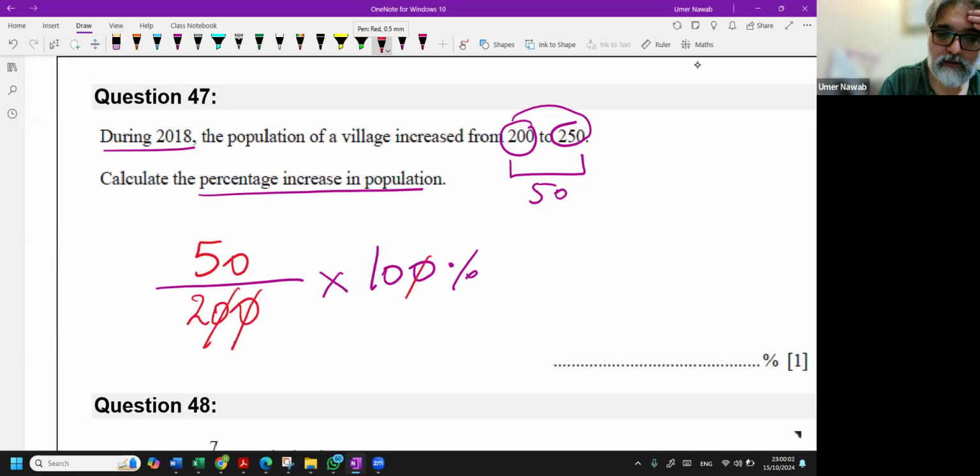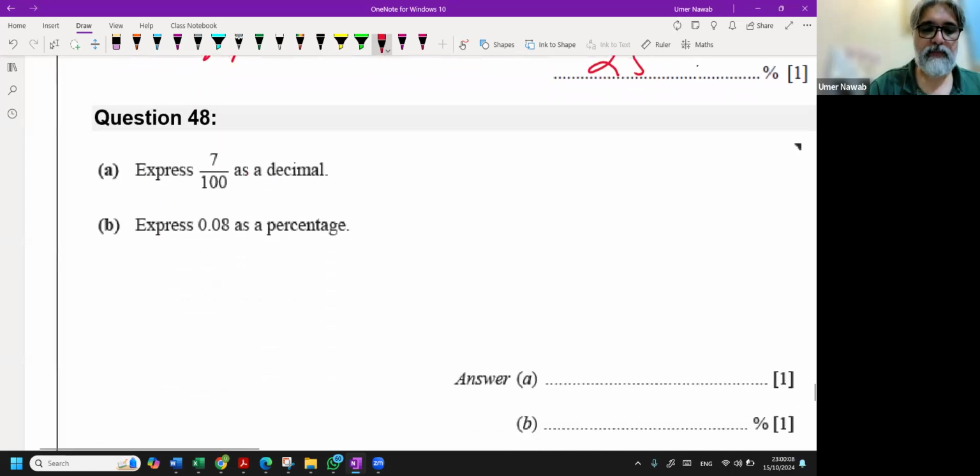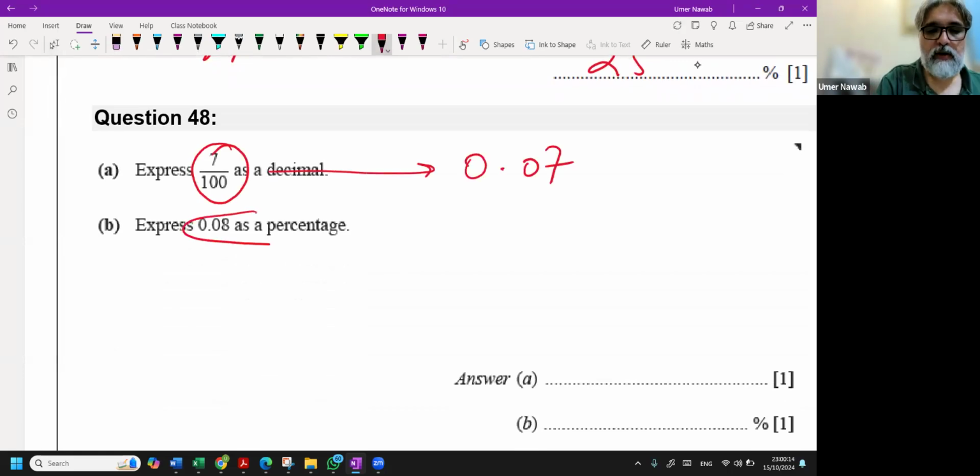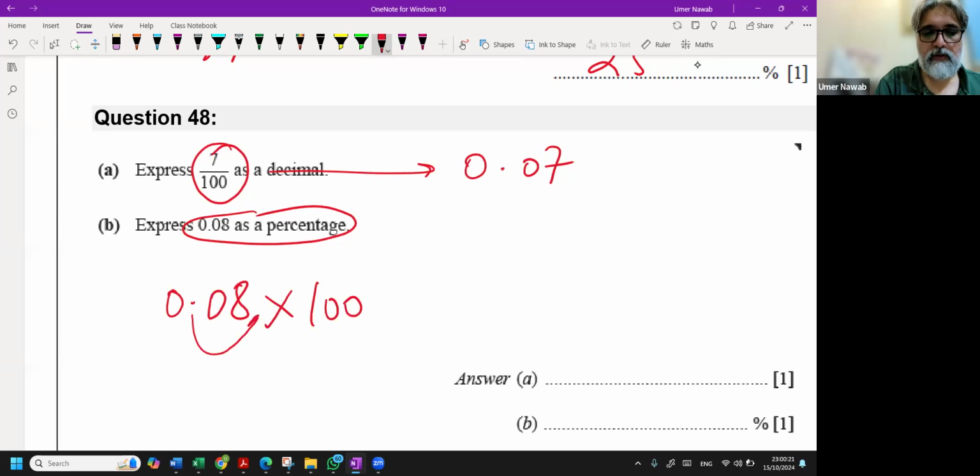So cancel the 2 zeros here. So 50 divided by 2 will be 25%. So 7 over 100 as a decimal is 0.07. I want to write 0.08 as a percentage, times with 100. So the decimal will move here. So this is just 8%.